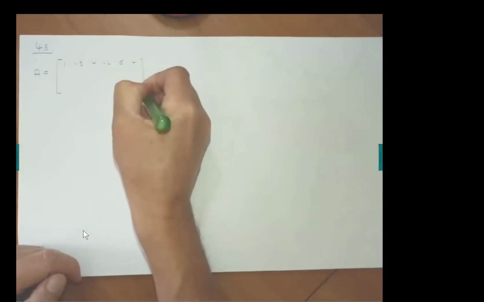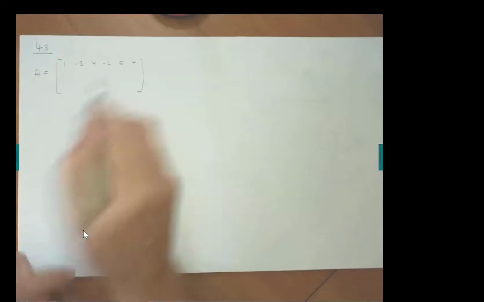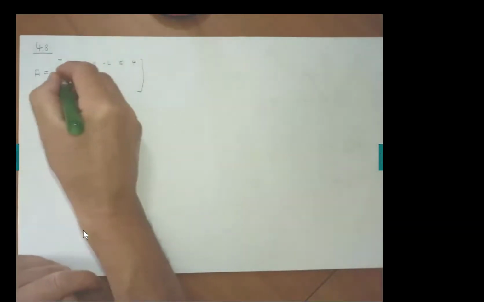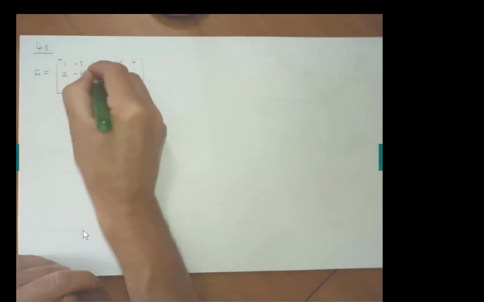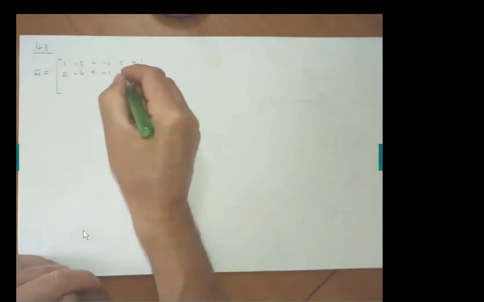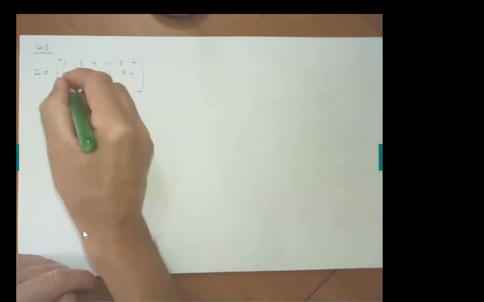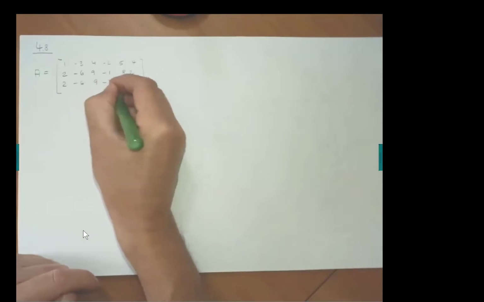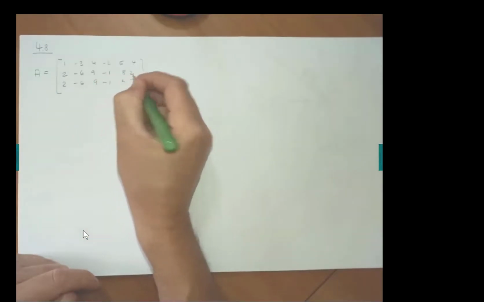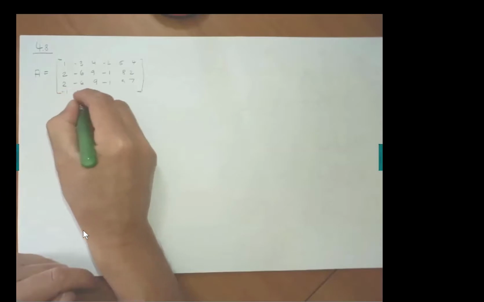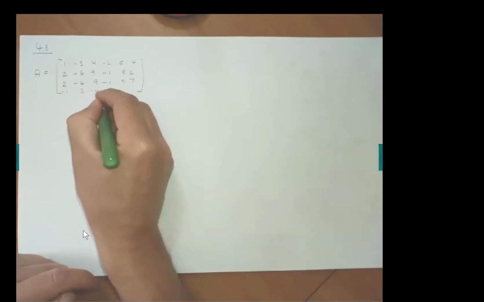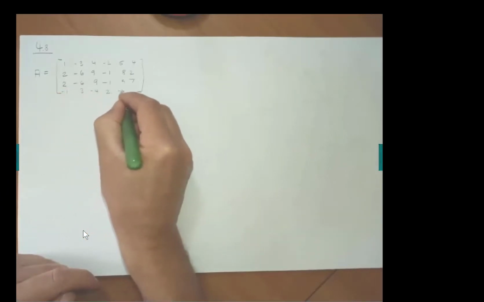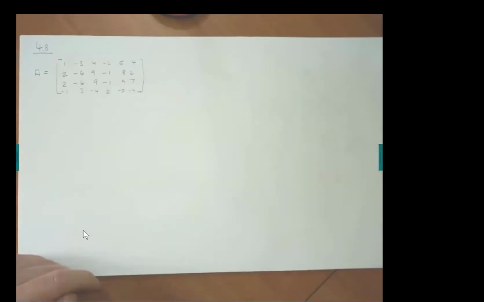This matrix was already on the video yesterday, so you don't need to copy this again. 9, -1, 8, and 2. 2, -6, 9, -1, 9, and 7. -1, 3, -4, 2, -5, and -4.